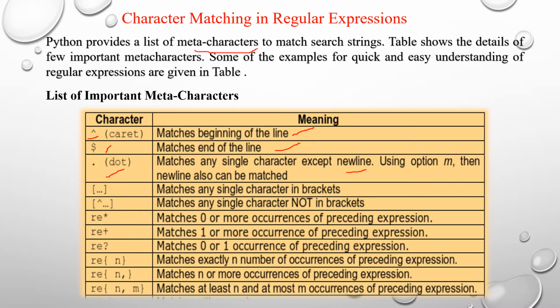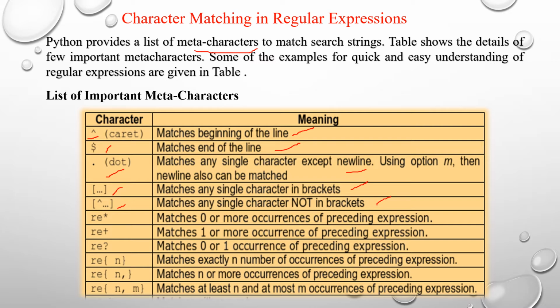Next is square bracket, and within the square bracket we are using dot. The meaning of this is matches any single character in brackets. Here caret and dot inside brackets: the meaning of this is matches any single character not in brackets.